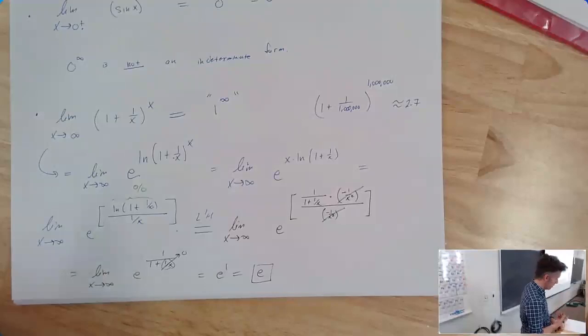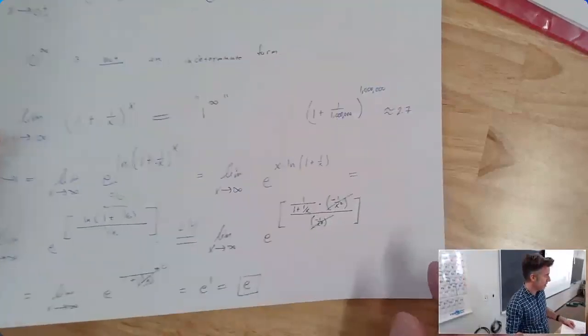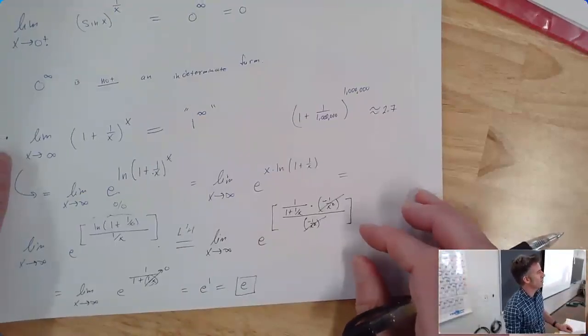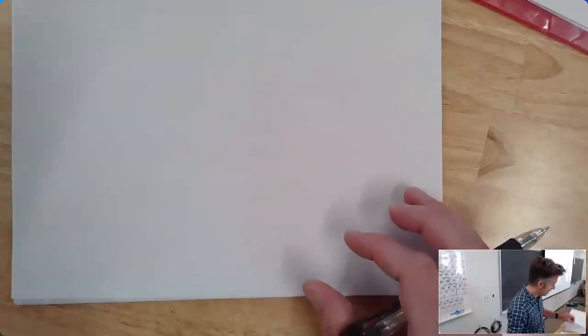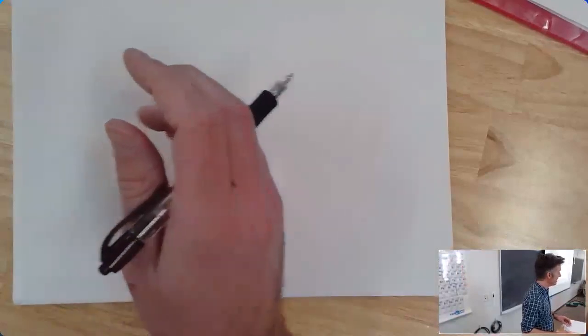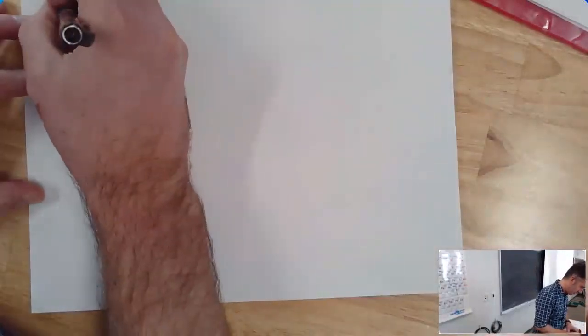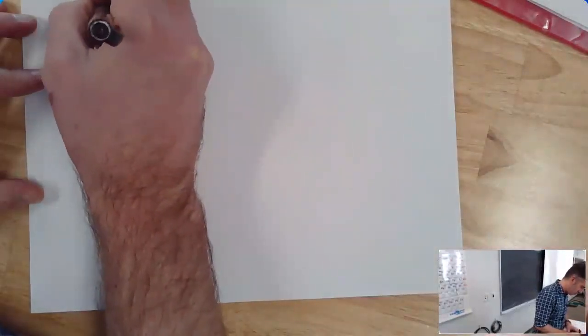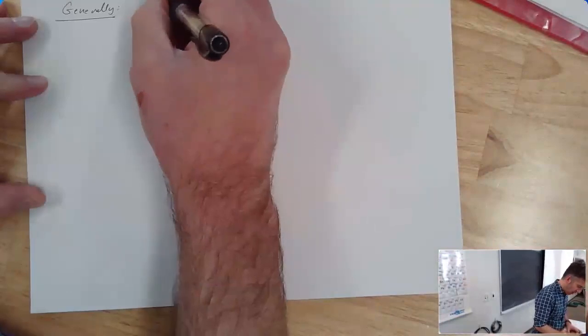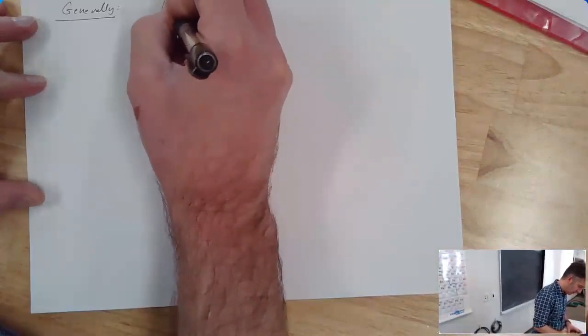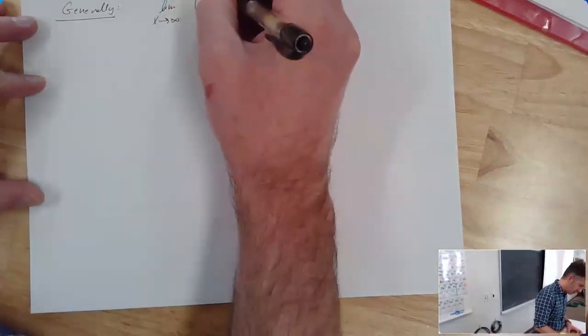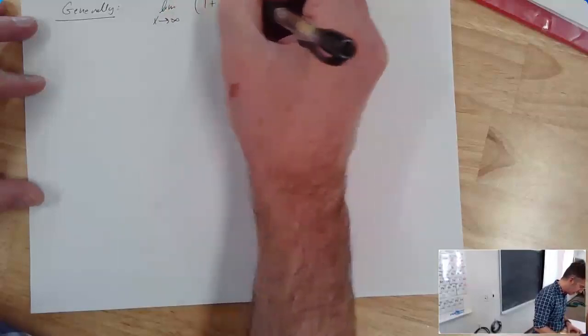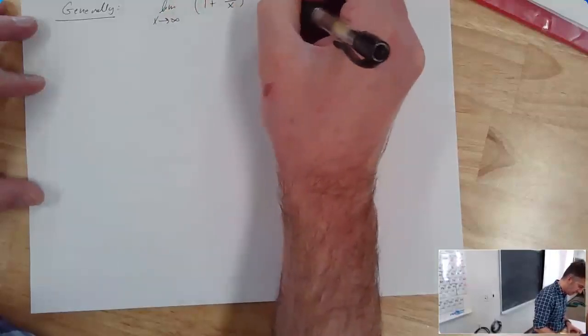More generally, and I do think it's worth saying this because this comes up a lot. Where does it come up especially? I don't know. It definitely comes up. Oh, it's in 21C specifically. More generally, you can show the same way that the limit as x goes to infinity of 1 plus some constant k divided by x, to the x, is equal to e to the k.